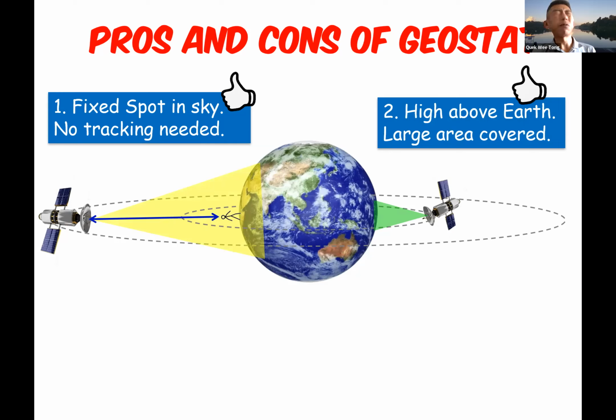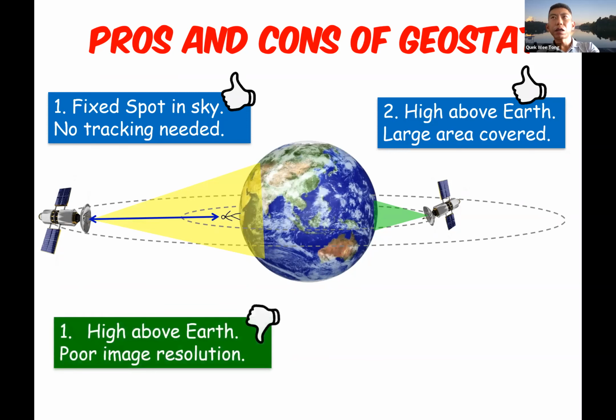So if you stand from the stationary satellite point of view, you will see a big enough patch of Earth compared to another satellite near Earth's surface. You only see a small patch. But what's the downside? When you see a big patch, it also means that if everything else is the same, whatever you're trying to send signal with is the same, then for a geostationary satellite, it's weaker. And if you're taking photos, your resolution is also poorer.